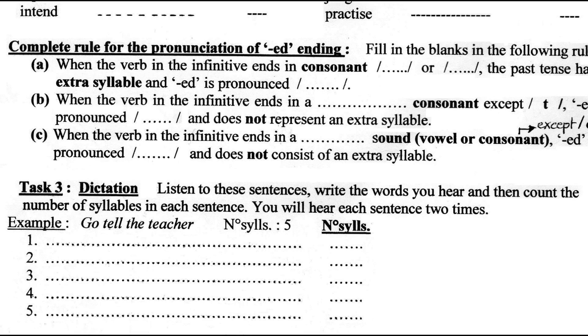So, sentence 2 was, they walked to the store to buy chocolate. I hope you have counted the number of syllables. How many syllables do we have? Yes, we have 9 syllables. We count together.